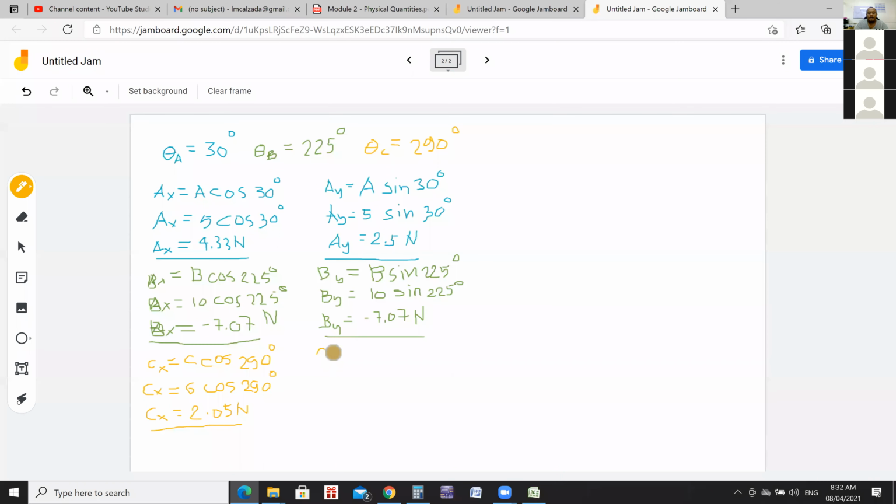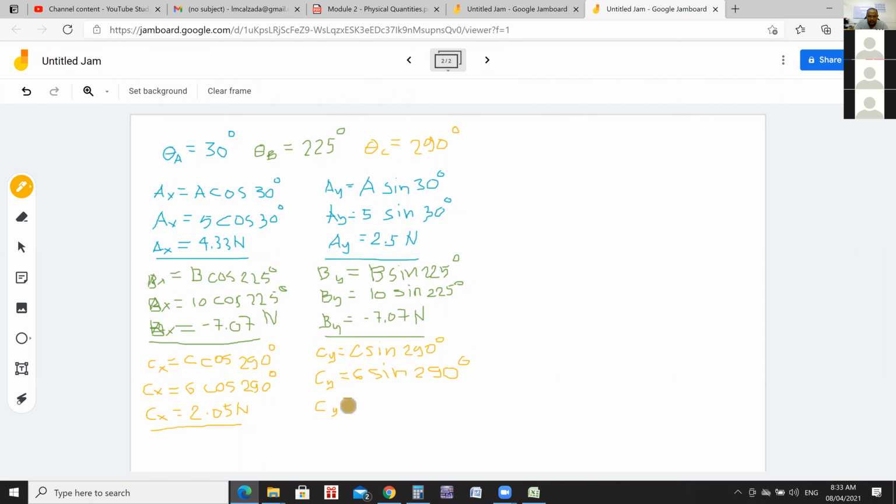So we have Cy is equals to C sine of 290 degrees. Or Cy is equals to 6 times sine of 290 degrees.